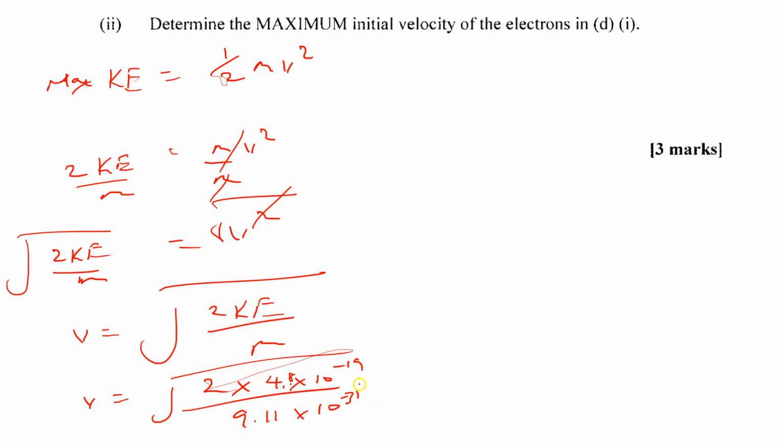That is basically the mass of the electron. So once you finish working that out and you do everything properly, you're supposed to get a value of 1.03 times 10 to the positive 6 meters per second. That's what you're getting the 3 marks for. So that would complete that, ladies and gentlemen. All right.